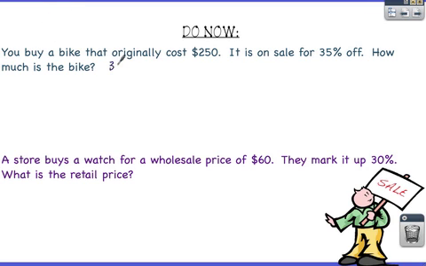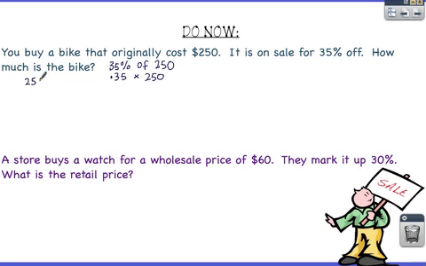Well, 35% of 250, we can change the percent to a decimal, 0.35, by moving the decimal point 2 spaces to the left. Of is a buzzword for times 250.